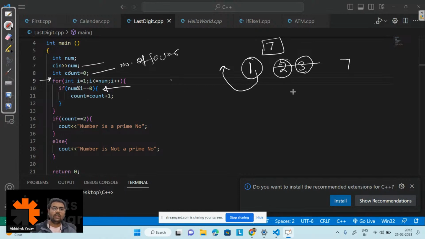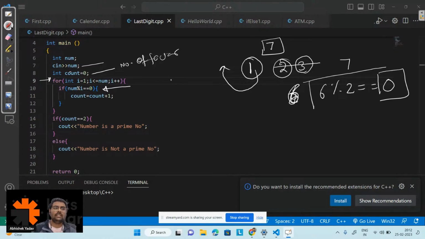If a number is fully divisible, let's take the example of 6, if I take 6 modulo 2, I will get remainder 0. So if a number is fully divisible by this number, the remainder will be 0. So here I am writing that condition. If I get a factor, I am incrementing the value of count.